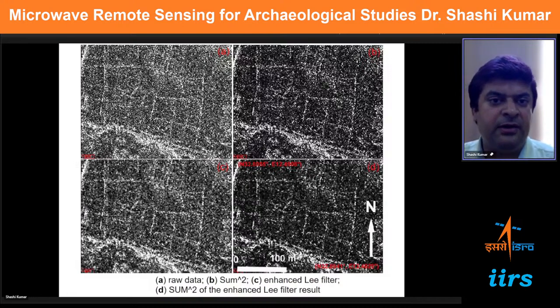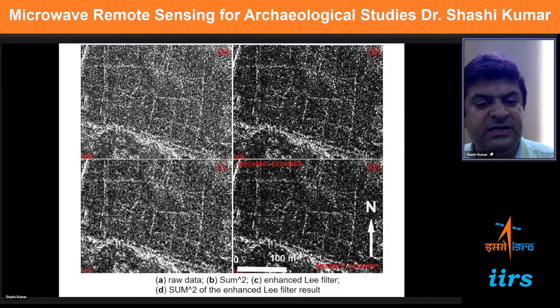Now, not only visualization, we can enhance the particular information with the help of combinations of the SAR data set. This is normal intensity data, which has been given as raw data. Basically, in terms of SAR remote sensing, this is the SAR raw intensity data, named raw data because it is unprocessed. After processing, we are able to retrieve several pieces of information.